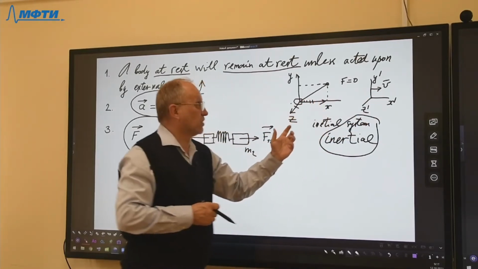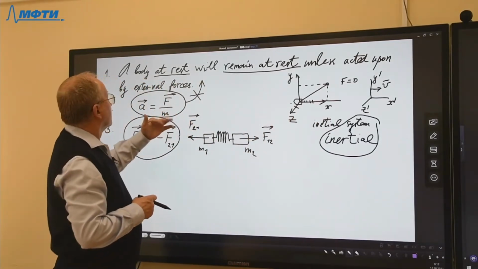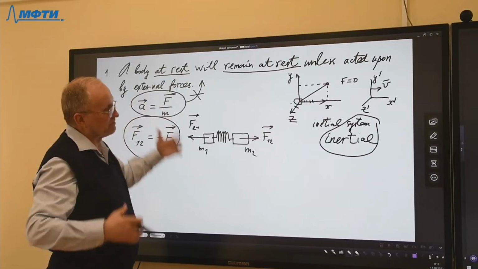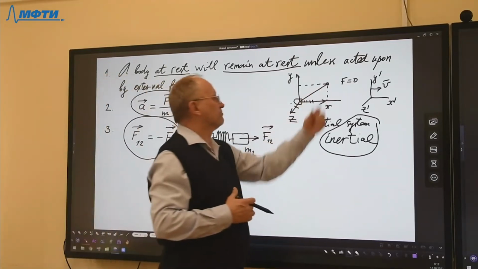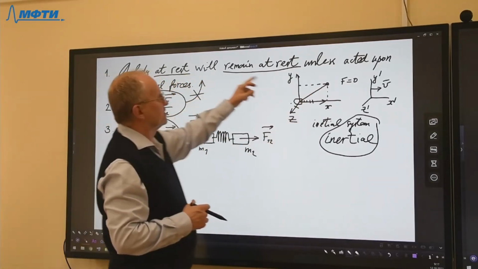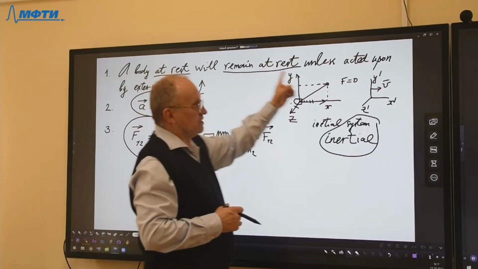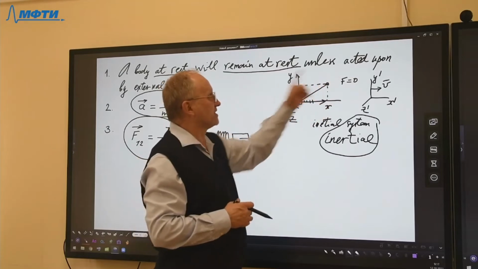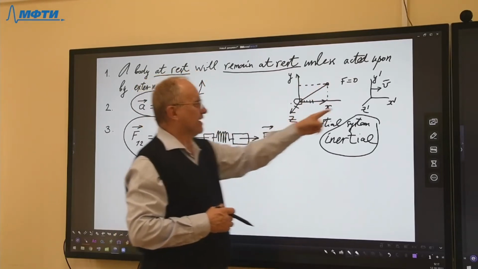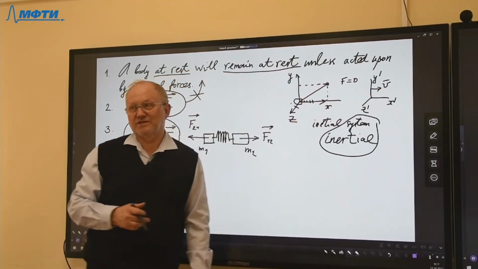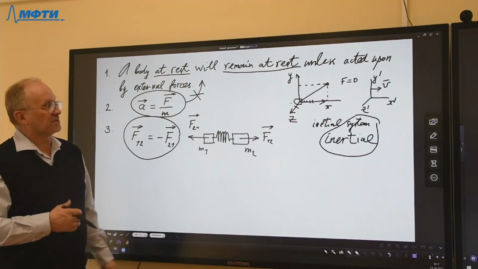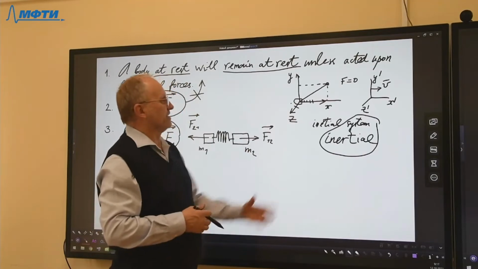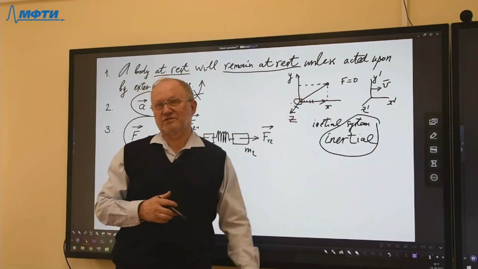Actually, what the first Newton's law says, if we include the velocity of the body, is that the body will remain at rest or in a state of uniform motion, motion with constant velocity, unless acted upon by other forces. By saying this we mean that there is at least one inertial reference frame in the universe.